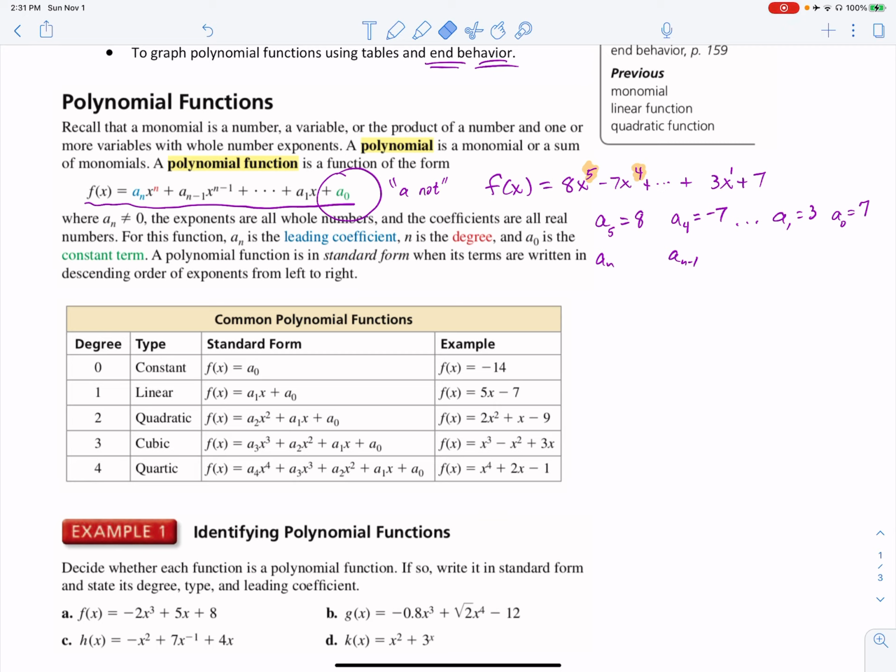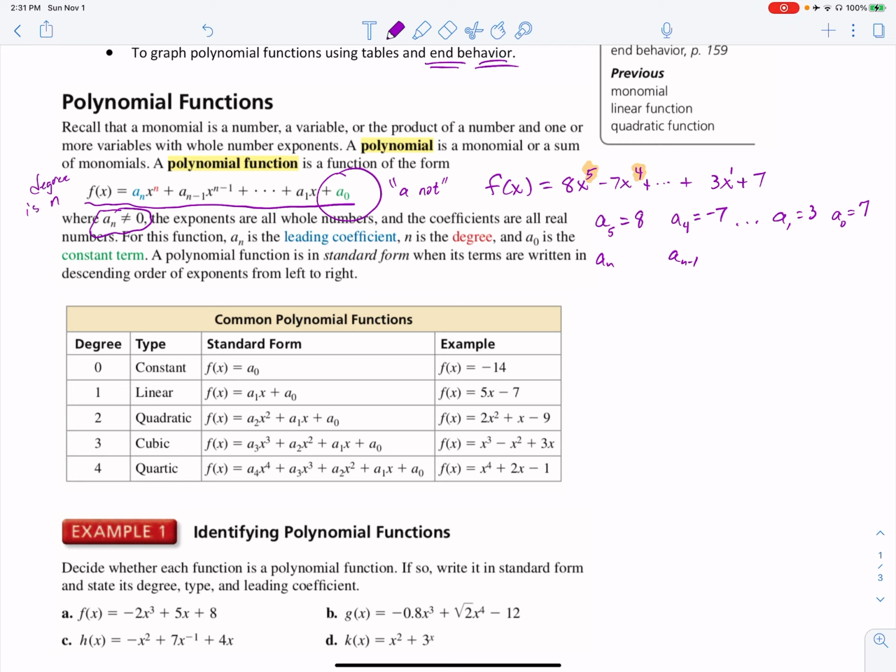And we're going to say that when this is a sub n x to the nth, that the degree of this is n. And we always have that highest exponent first. And so therefore, I can't have a sub n equals 0, or it won't be of nth degree. So a sub n has to not equal 0.